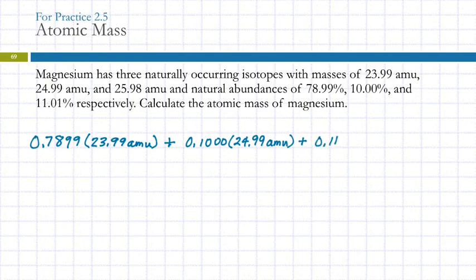11%, 0.1101. If you've got a percentage that's less than 10, be careful that you don't accidentally change that when you convert it to a decimal. 25.98.